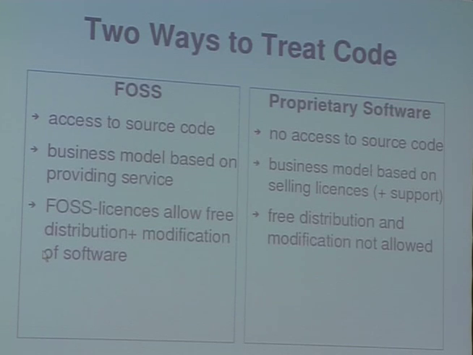And the last one: free software licenses allow free distribution and modification of software, so the GPL is like the most prominent and brilliant license we have there. With proprietary software, that's just not allowed.